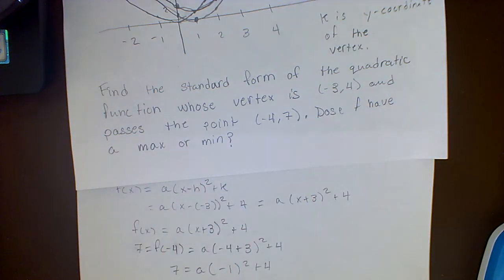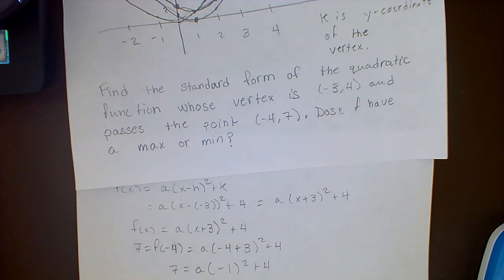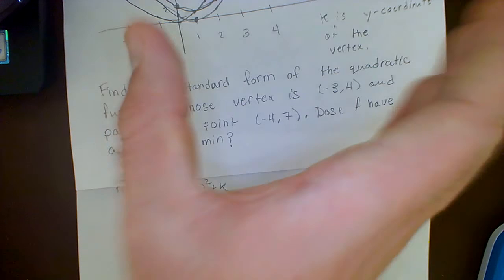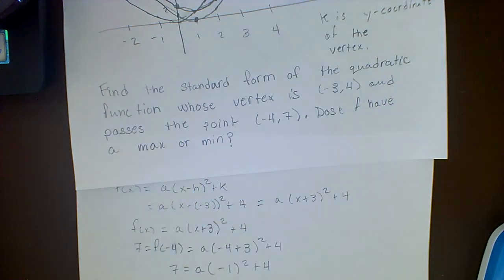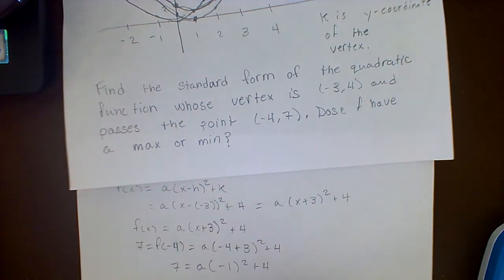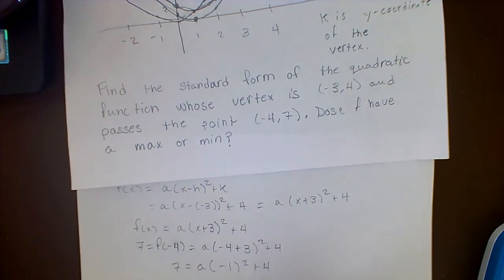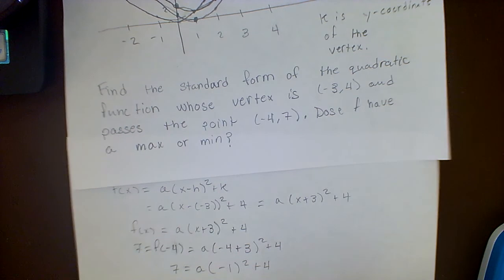Now we have to determine if it has a min or max. So it's a good thing that we found a. Since a is positive, that means our graph is concave up. So that means that our vertex is a min.